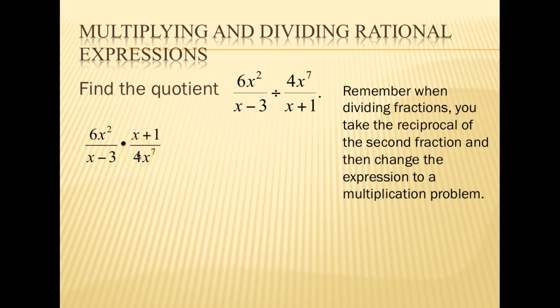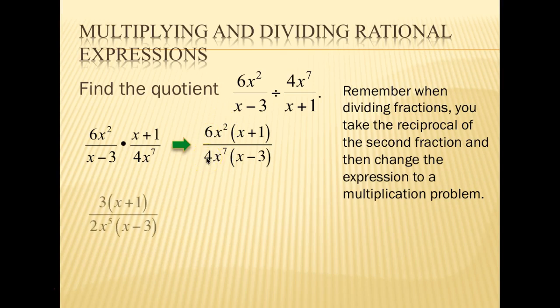From this point, we do multiplication of rational expressions. First thing we do, factor first, simplify second, and multiply third. And we can factor this and we can simplify x squared and x squared from my numerator and denominator, and I can simplify a times 2 and a times 2 from my numerator and denominator.